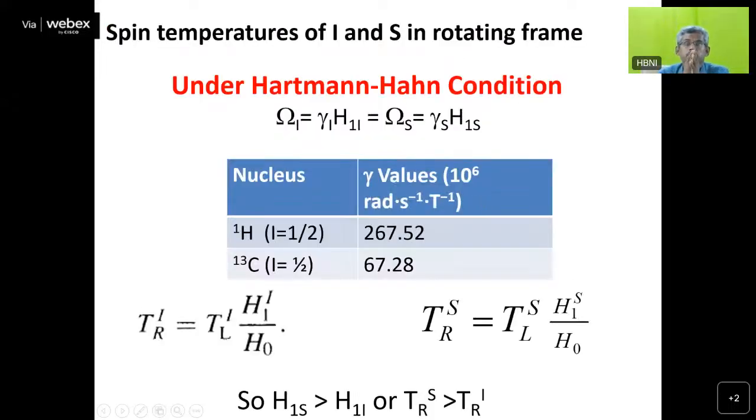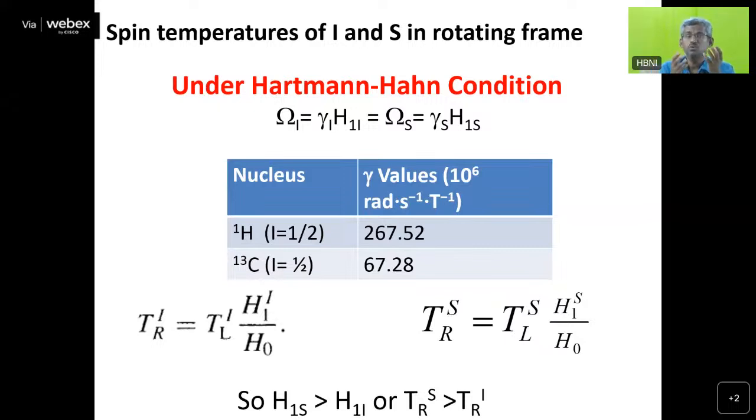So is this clear to you? The rotating frame temperature of carbon-13 is always higher than that of the I nucleus, which is nothing but the proton. So you have a hot nucleus and a cold nucleus. The cold nucleus has a lot of population in the ground state.